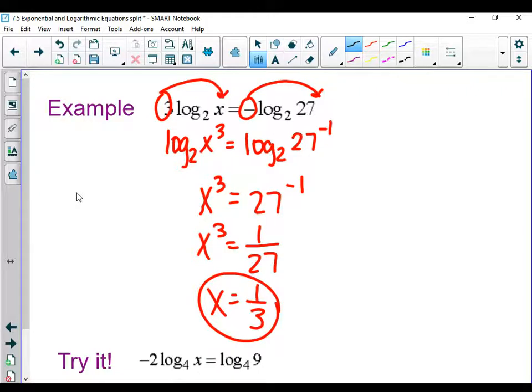There's another way to approach this problem. I could add this log base 2 of 27 over. That's an option. It's a negative, so I can add that over. So I would have 3 log base 2 of x plus log base 2 of 27 equal to 0.